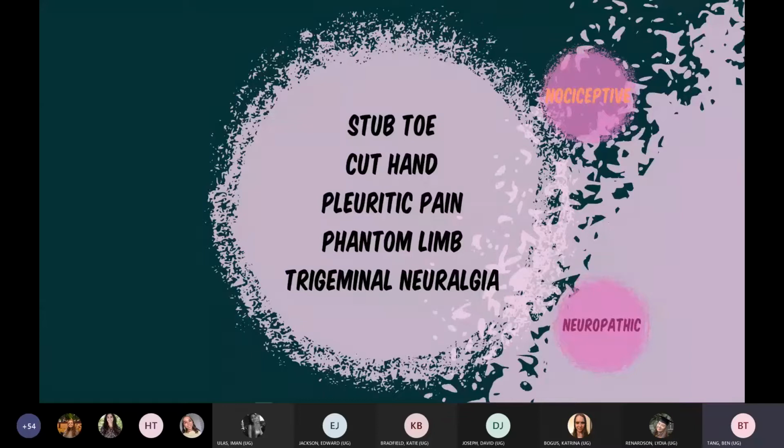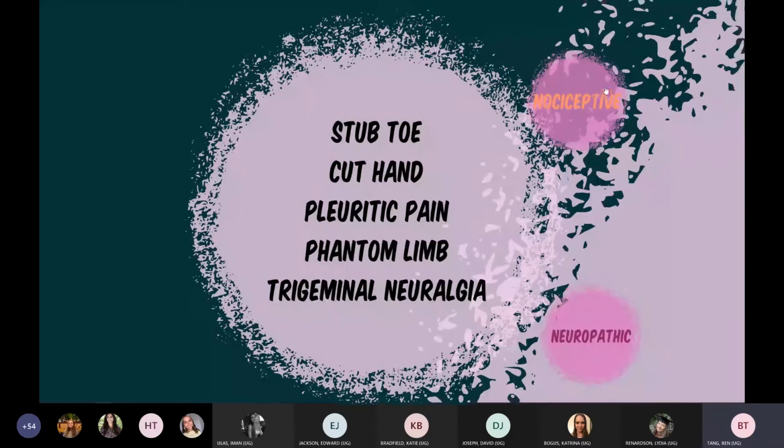Okay. That's correct. Yeah, it's nociceptive because it's normally due to inflammation of, say, something in your abdomen, and that will normally affect either the pleura around your lungs or possibly some of the nerves that are linked to those areas. So it's nociceptive in that sense. It's not a direct damage of the neurons that are giving that pain signal, right?